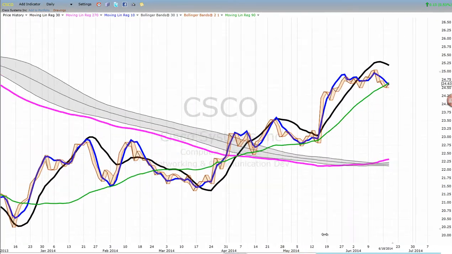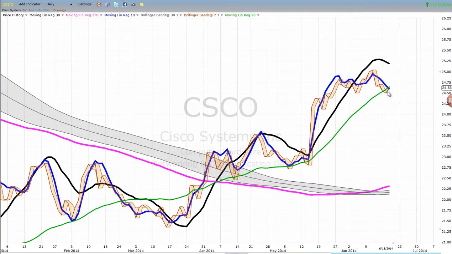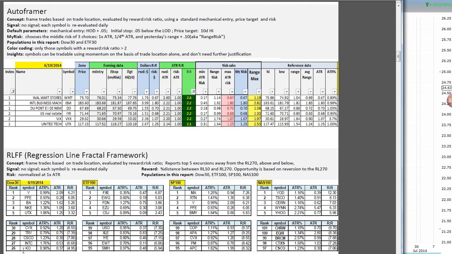Still not too shabby. If we can get some support, it's starting to show some support here at the 90, where it has before. And now that we're on the north side of this 270, which just now left its own Bollinger Band river and crossed to the other side, that's not a bad looking place for it to continue to find support. So I can make the case for the long side in Cisco here.